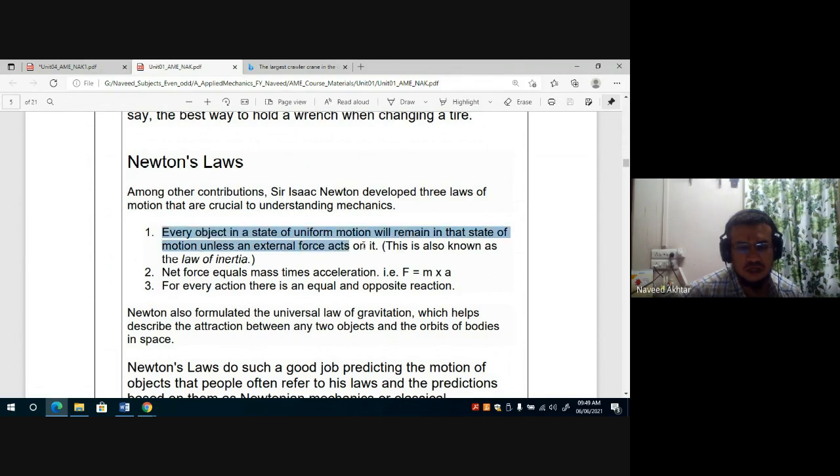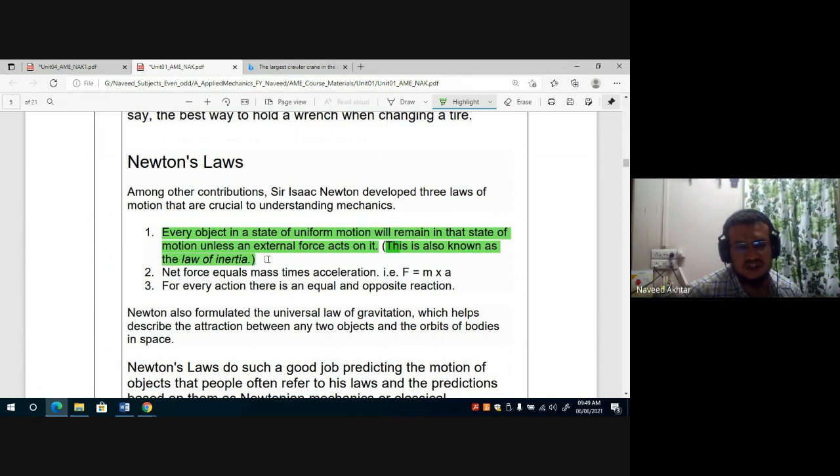This is Newton's first law of motion. This is also known as the law of inertia.